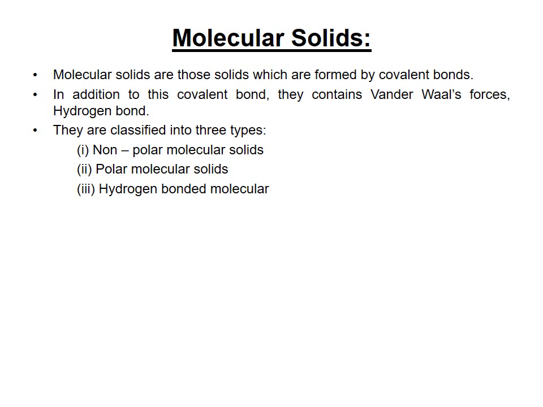We studied last year what is meant by nonpolar, polar, or hydrogen bond. We have also studied van der Waals forces. Don't bother if you do not recall them; we will discuss all these terms in the different types of molecular solids.